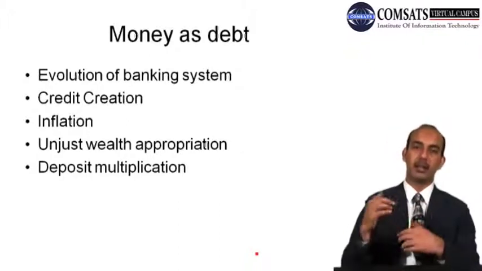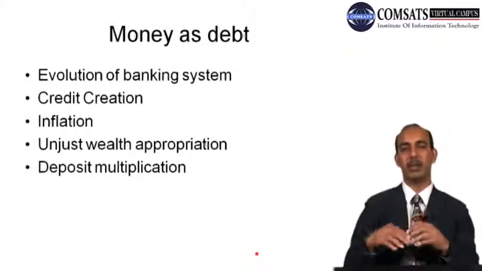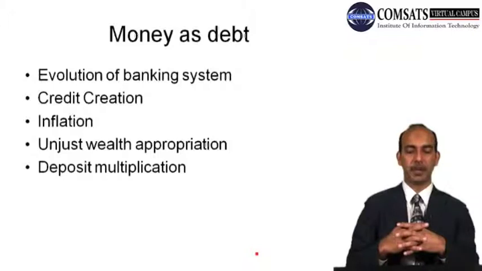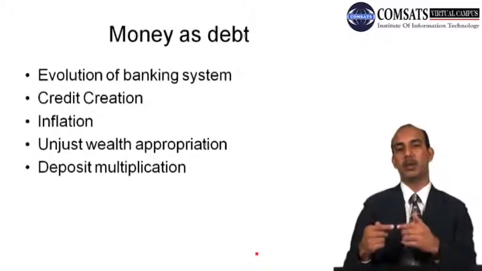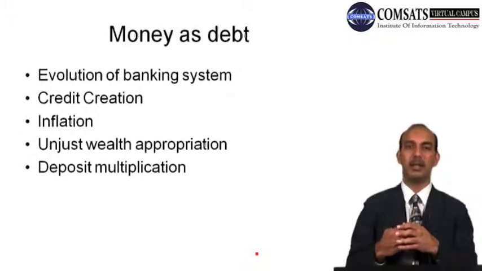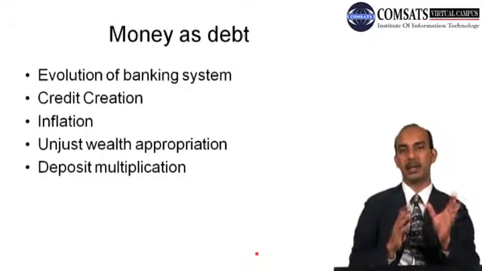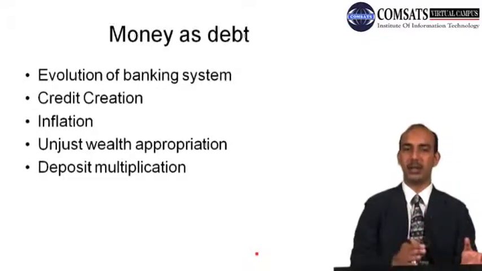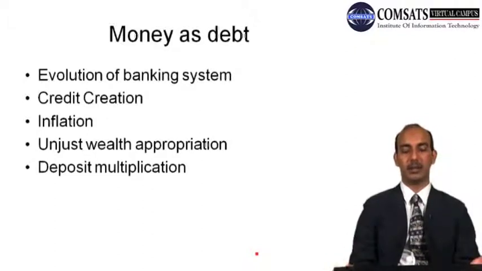Then the same process we discussed before watching that documentary: how the deposits are multiplied into double, triple, and even unlimited multiplication, and then the credit is created many times, and then it leads to multiplied interest income, and then there is an unjust wealth appropriation, because the people of wealth, the capitalists, can arrange their capital such that they can earn more and more interest on it without putting their assets at risk. They are earning a secure income, that is interest income.